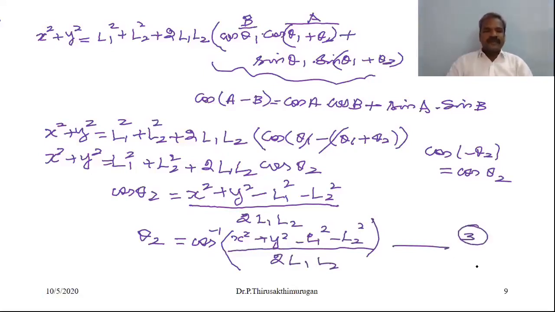So one solution we obtained, that is joint angle 2.